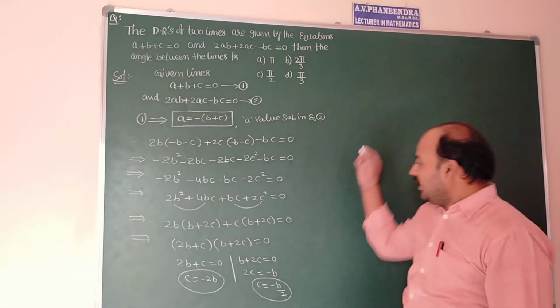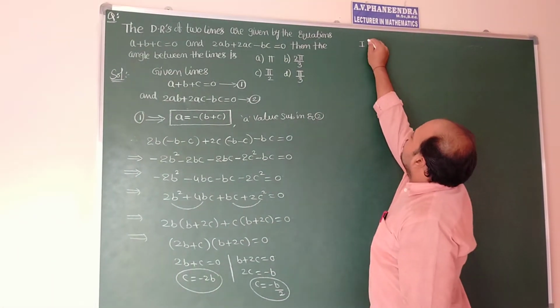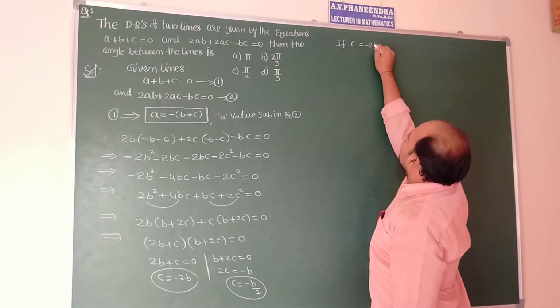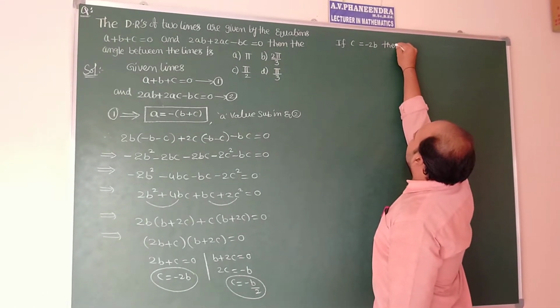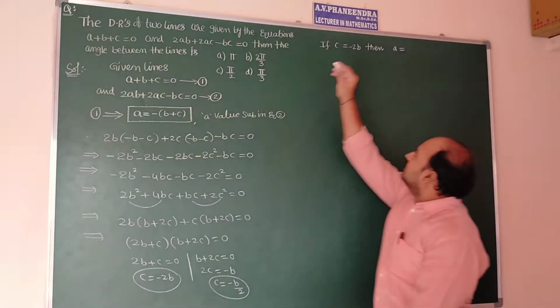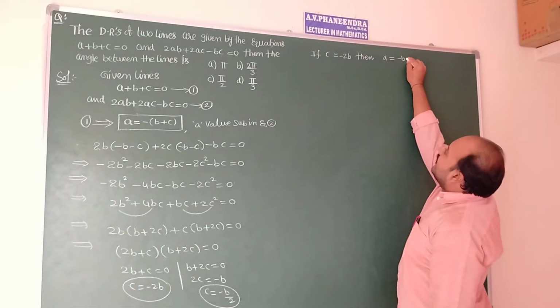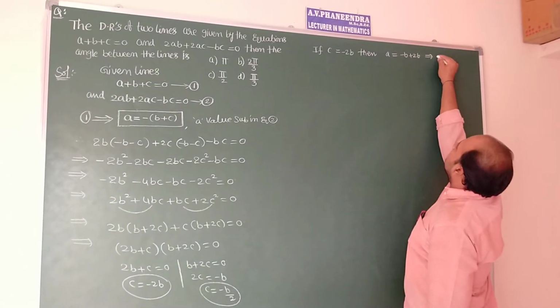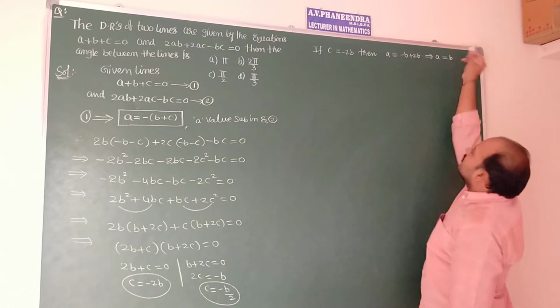So if c equal to minus 2b, then calculating the a value: a is equal to minus b minus c. So minus b minus c means minus b plus 2b. That implies a is equal to b.